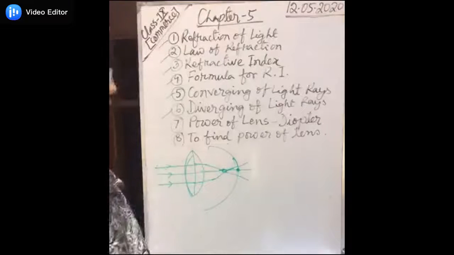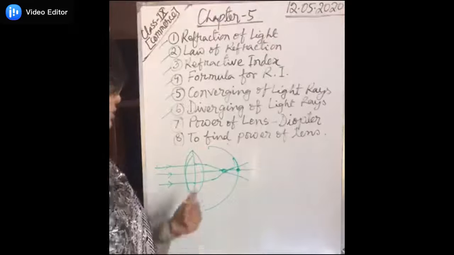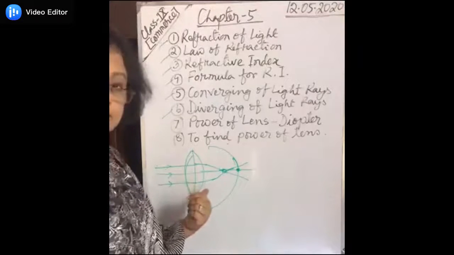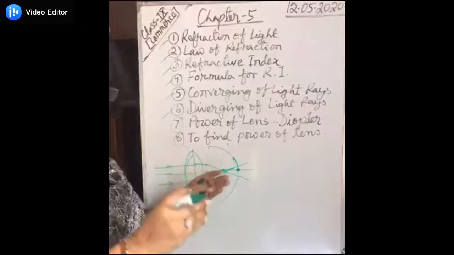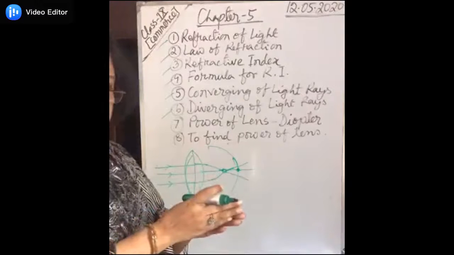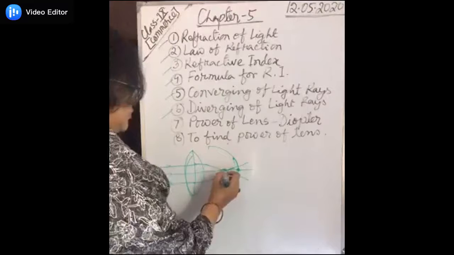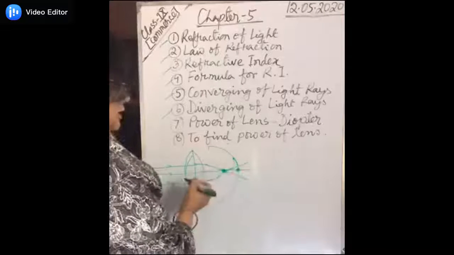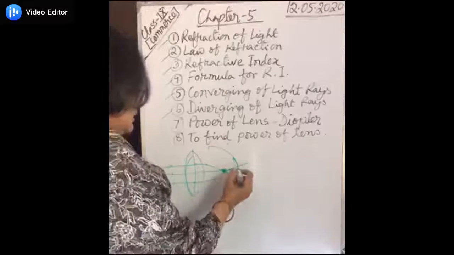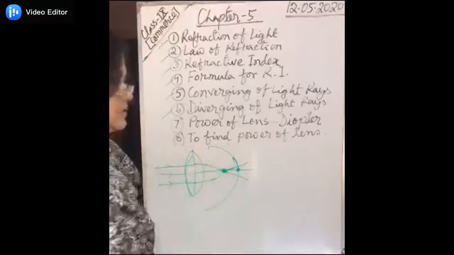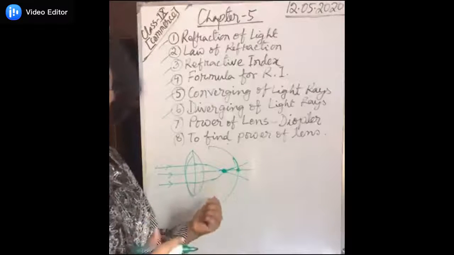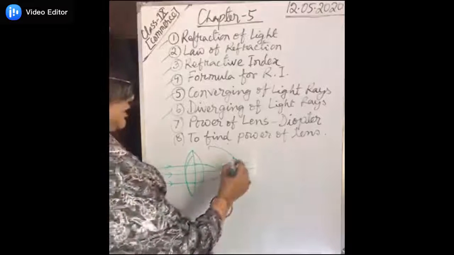If somehow the converging power of the lens increases, see, the rays become closer. That means their converging power increased. So for that reason, the focal point is in front of the retina. In that case, the image of the object is not falling on the retina.